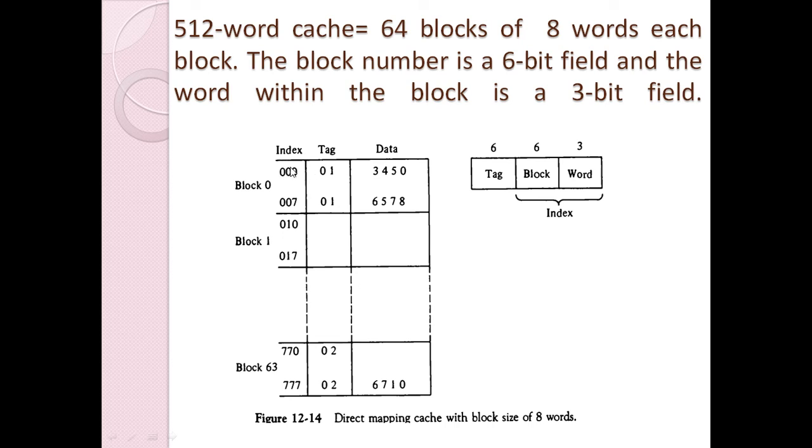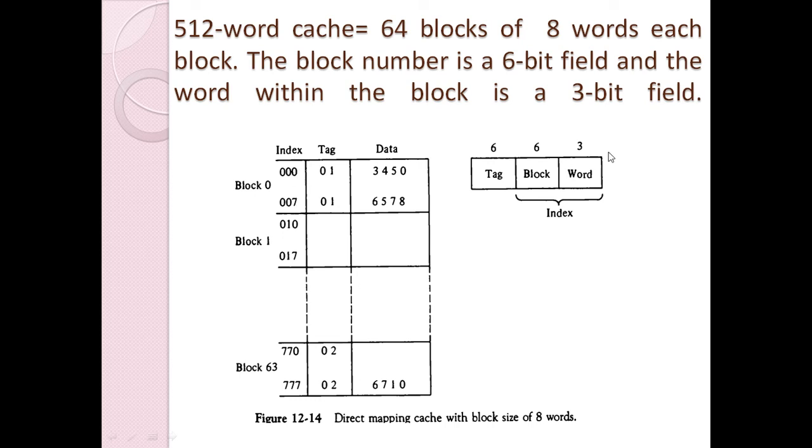In the index part, these two 00, 00, this is 6 bits of block. So this is block 0. But here the 3 bits are used as the word. 3 bits means one octal digit. Using 3 bits, we will write 000, 001, and so on, so that will become 0, 1, 2, 3, 4, 5, 6, or 7.